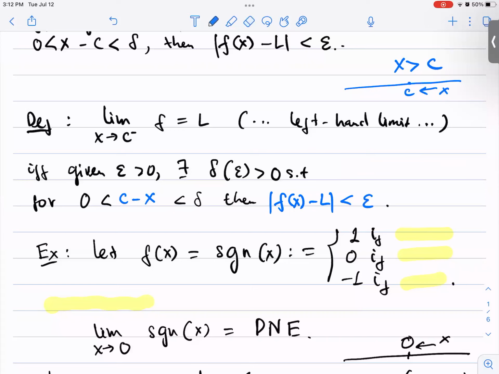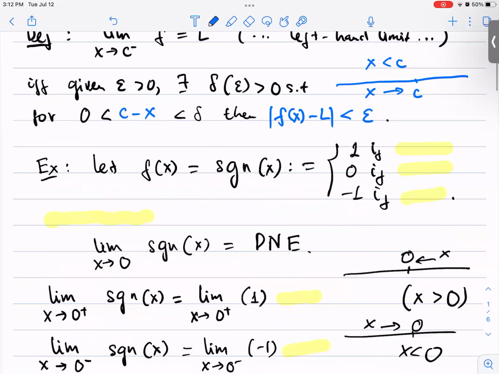So in this case, we only consider x smaller than c and x approaching c from the left. That's why it's called a left-hand limit.